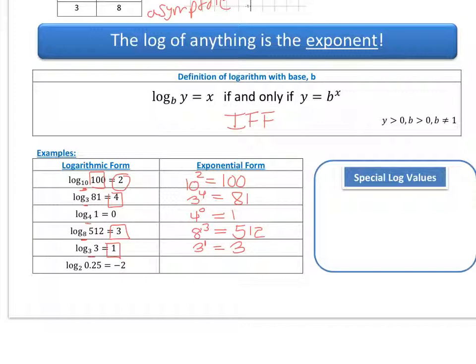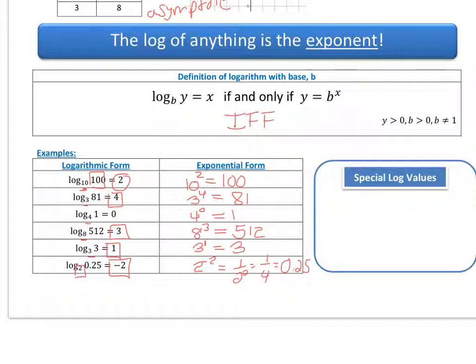And here we have a base of 2, and the log of anything is the exponent, so we have 2 to the negative 2, which is the same thing as 1 over 2 squared, which is 1 over 4, which in decimal form we could say is 0.25. Okay, pay special note to a couple of these properties here.